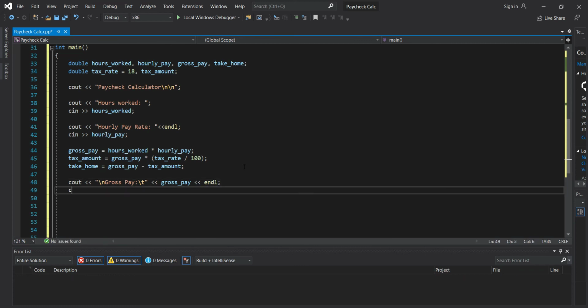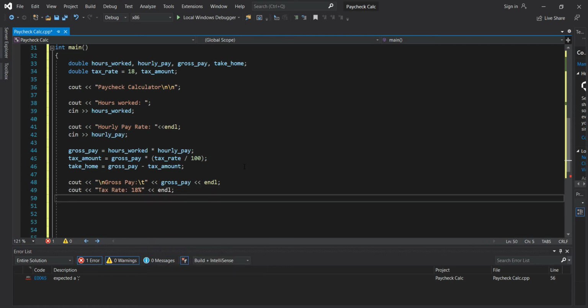Alright, we can do the same thing for the next ones. It's going to be tax rate. Honestly, we can just hard code this into here. We can just say 18%. We're going to end line, so it goes to the next line.